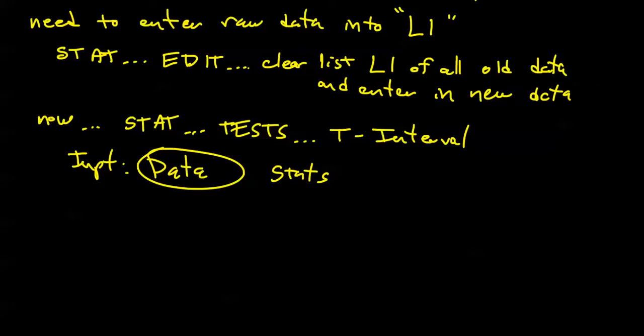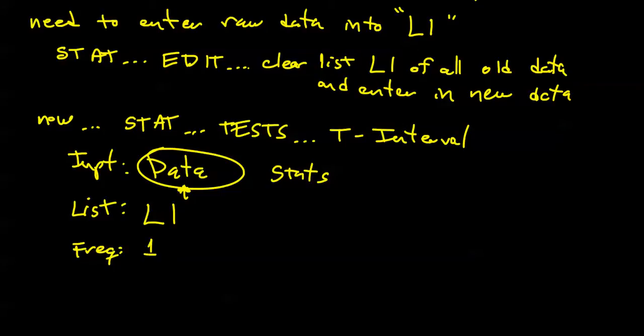Be sure to highlight data and enter. You'll see the menu changes accordingly. Instead of prompting me for summary statistics, it's asking me for the location of the raw data in your calculator. Well, the default should be L1. So enter in list L1. That's where the data lies.